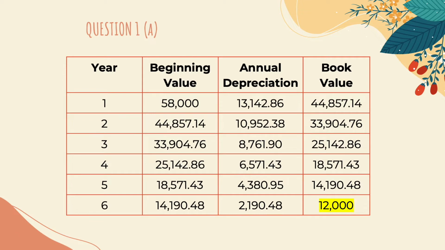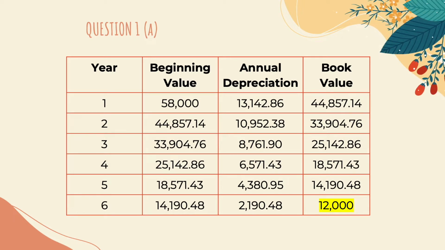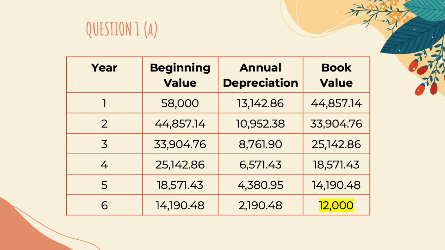As for year 1, the beginning value is 58,000, which is the COA that we have calculated before, and annual depreciation is also the one that we calculated before, which is 13,142.80. To get the book value for year 1, we need to minus beginning value minus annual depreciation.